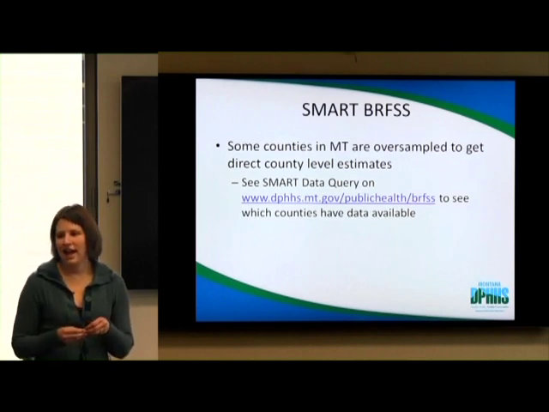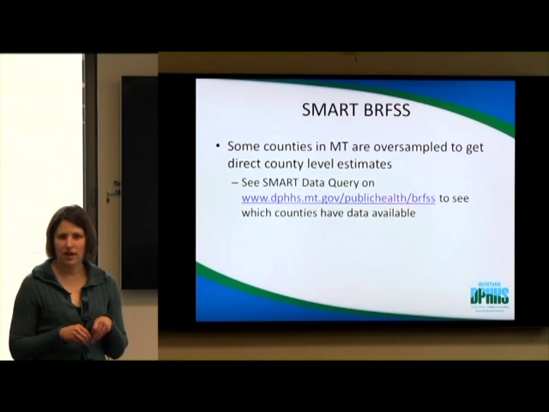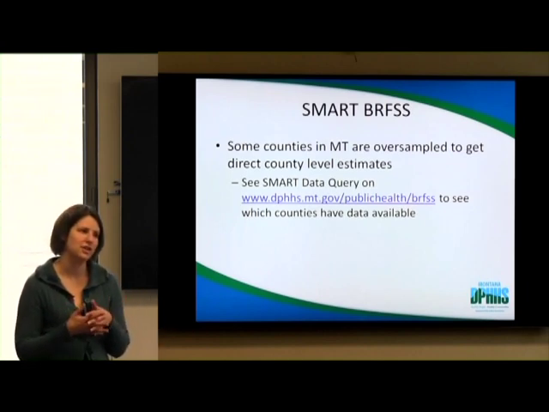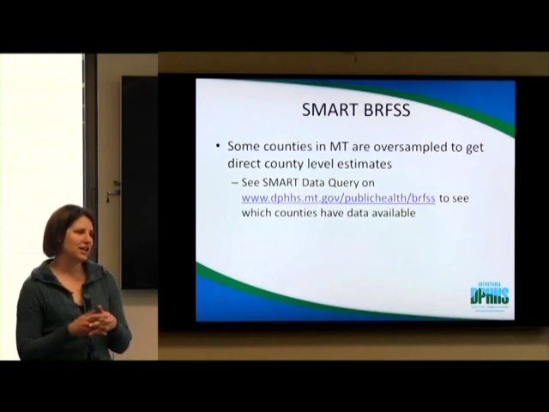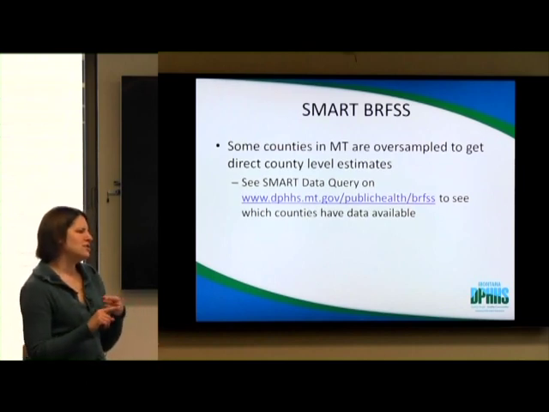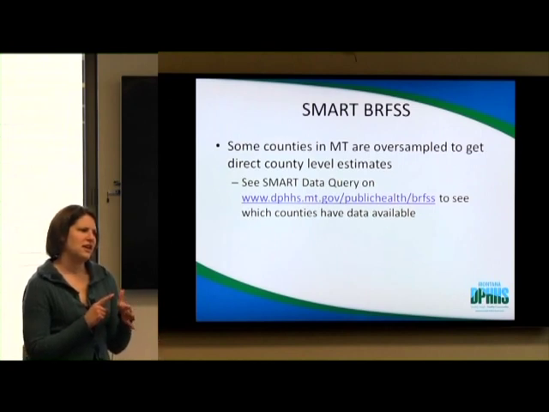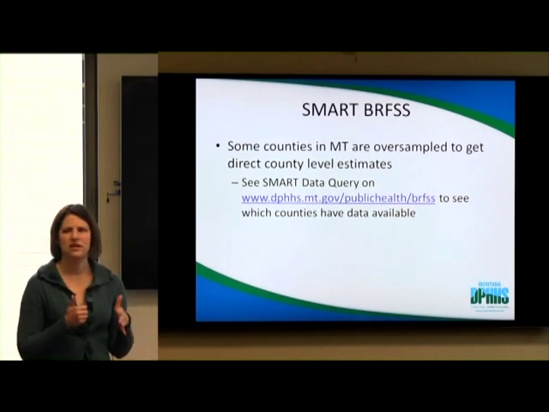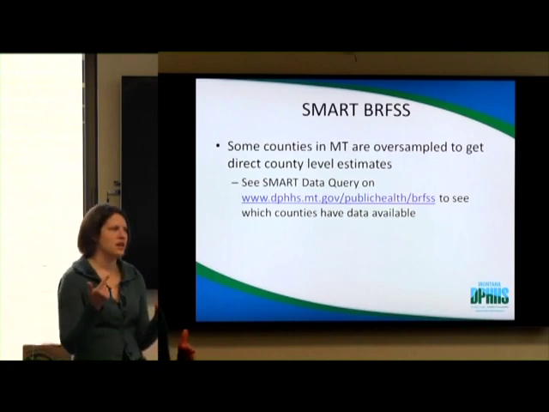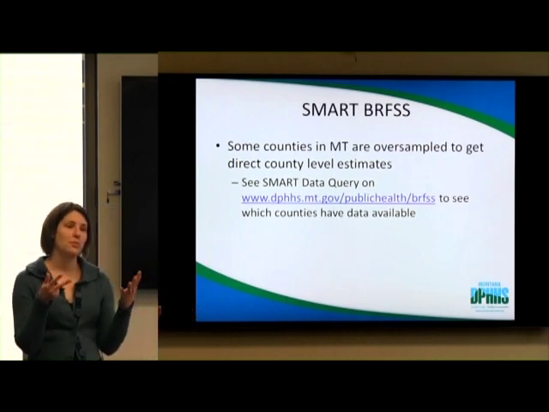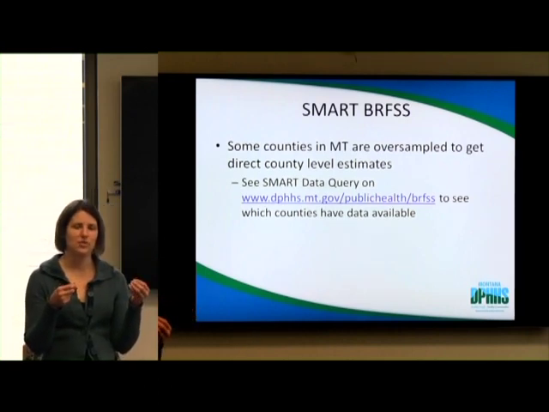And if we can get at least 500 respondents within a metropolitan, or actually micropolitan in Montana, statistical areas, so that includes Missoula, Bozeman, Havre, Helena, Kalispell, Butte, Great Falls, and Billings.